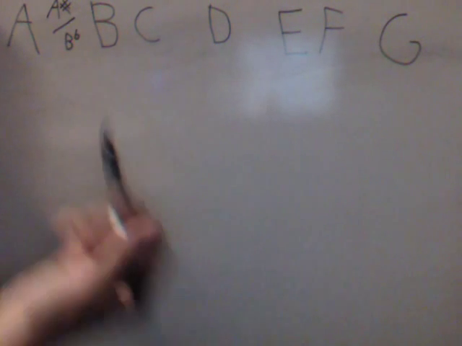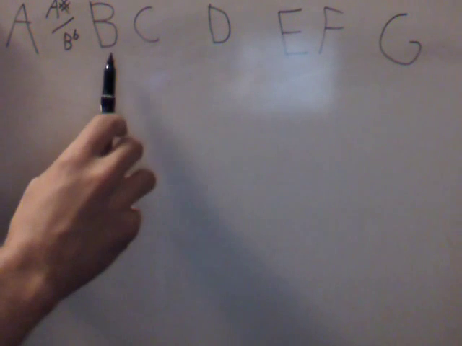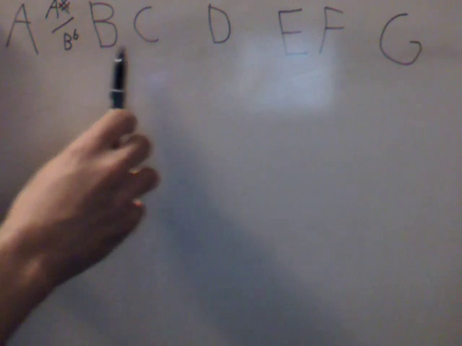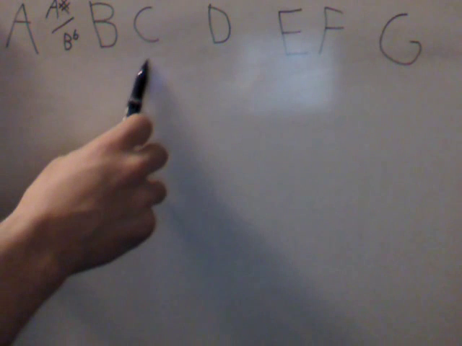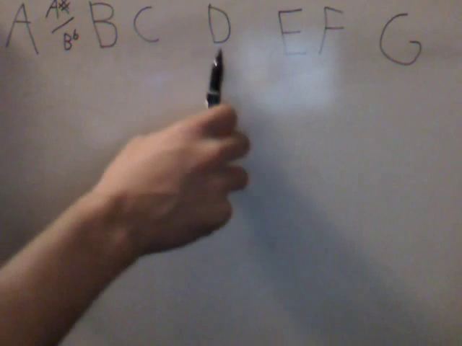Let's try the other one. In between here, I said there are a few exceptions. In between B and C, there is no note. So this is the first note, the second note, the third note, and then this is the fourth note. The fifth note is in between C and D. What do you suppose we call this note?